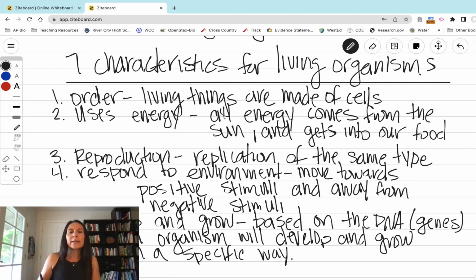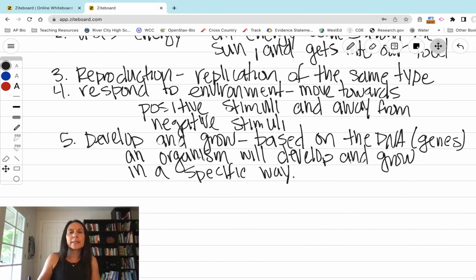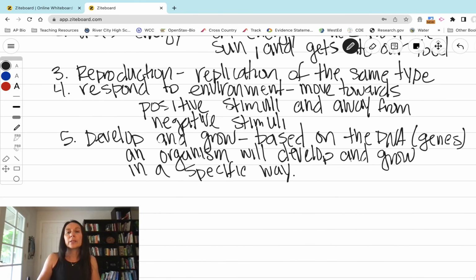So the next one is that all living things have to maintain or regulate their bodies. Okay, so that is called homeostasis, which means that all living things have to be within a certain range of various factors. For example, all organisms have an optimal temperature range, and so there's a low end of that range and a high end of the range, and the body has to stay within that, otherwise the body starts to break down. And so this goes for a lot of different things, like some organisms need a certain amount of light, like plants, for example.